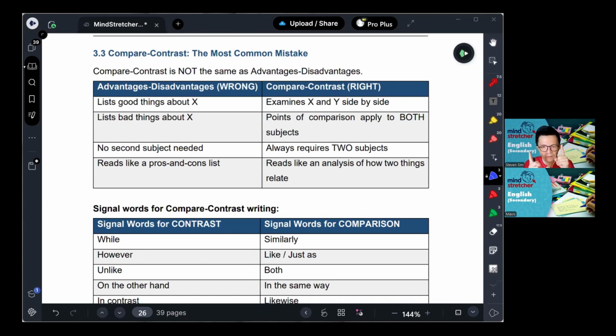Compare and contrast is that you examine X and Y side by side. So for example, if you were to compare and contrast laptops versus tablets, okay, then you are looking at these two things side by side.